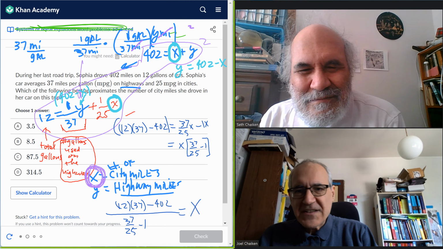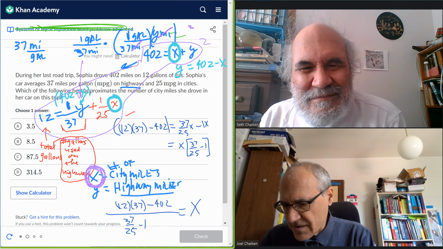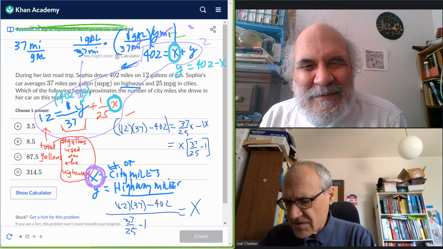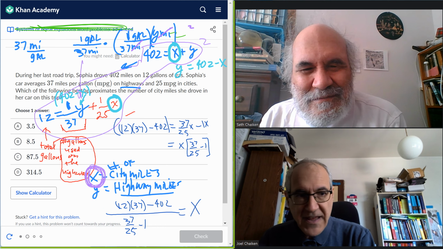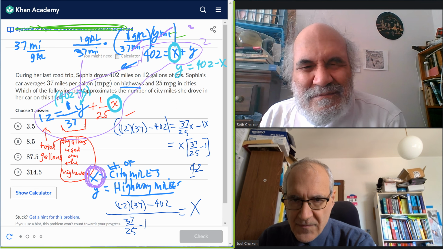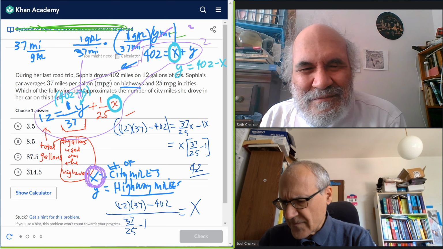What do you think of the idea of leaving all the calculations like that and not using intermediate math? 12 times 37 minus 402 is equal to 42. Now, 37 over 25 minus 1 is about a half.